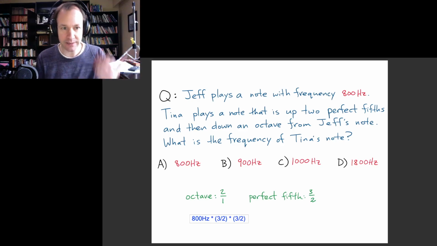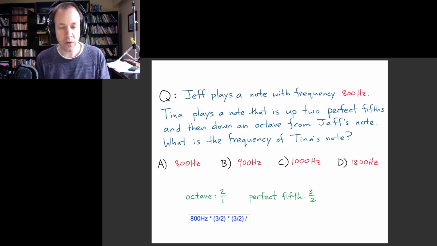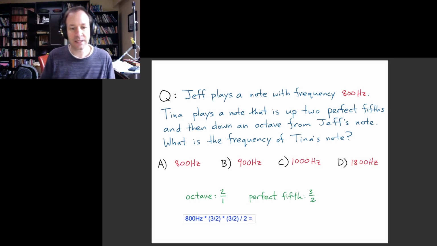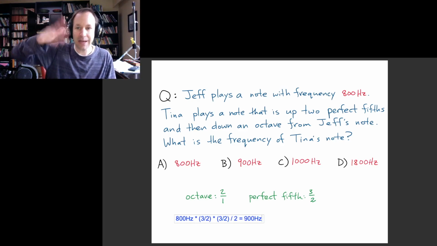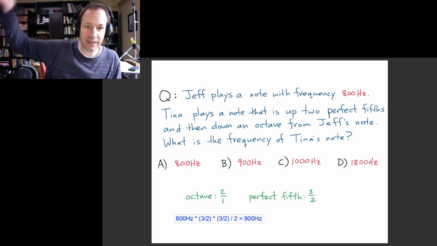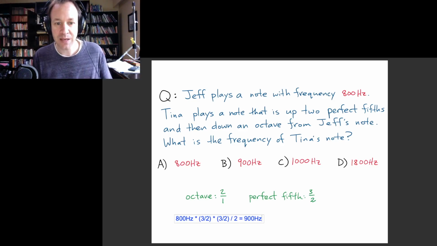But then we want to go down an octave, so we're going to divide by the ratio that corresponds to an octave, which is 2. So we're going to divide by 2, and then finally you work that out and it gives 900 hertz. So it's good to be able to figure out how to go up and down various intervals.